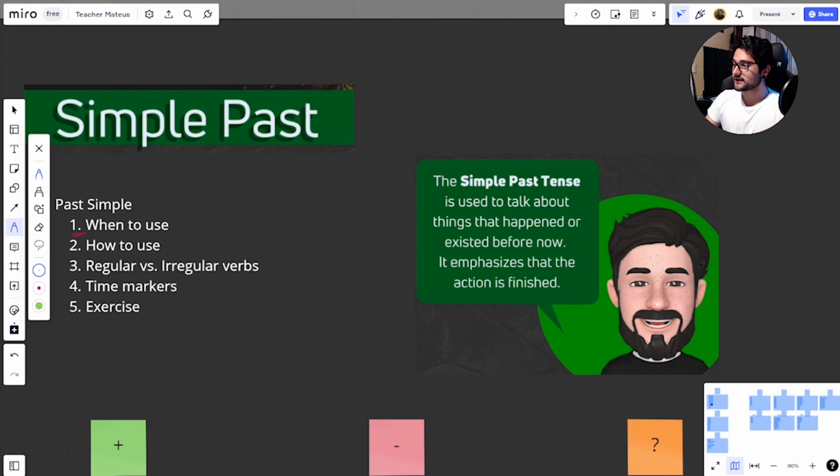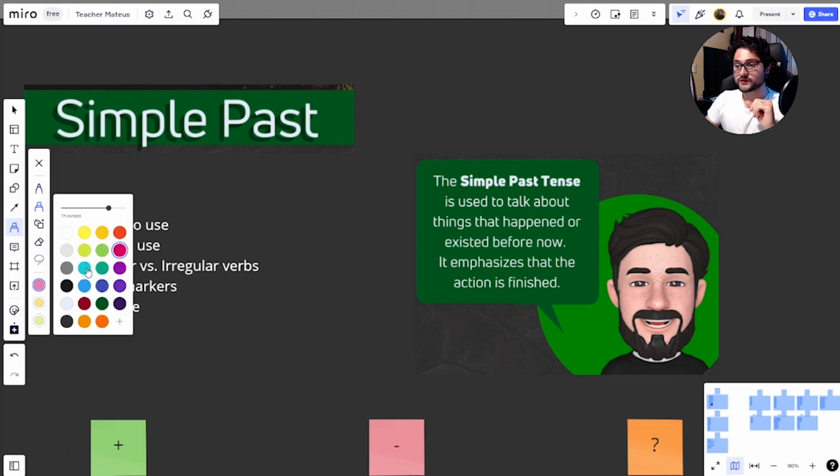So, first of all, guys, let's see when we can use this construction. Here there is an image of a handsome young man, and here we have an explanation. So let's read this together. The simple past tense is used to talk about things that happened or existed before now. It emphasizes that the action is finished. Let's stop here a second and discuss this.